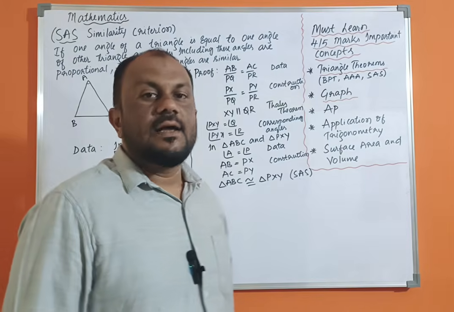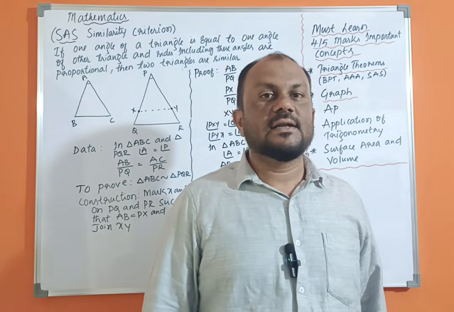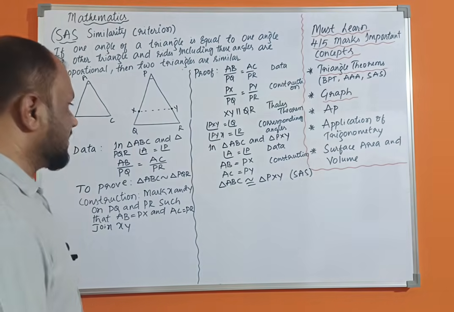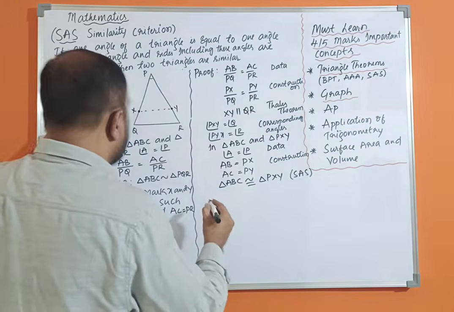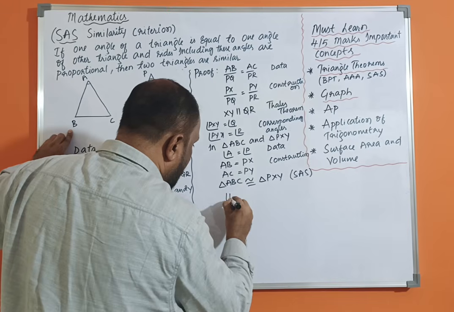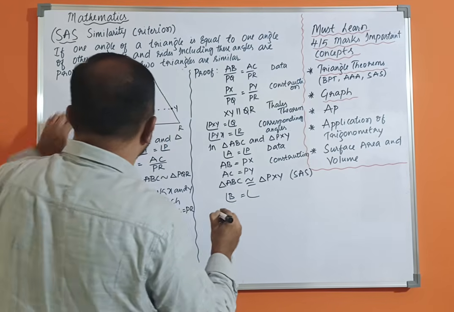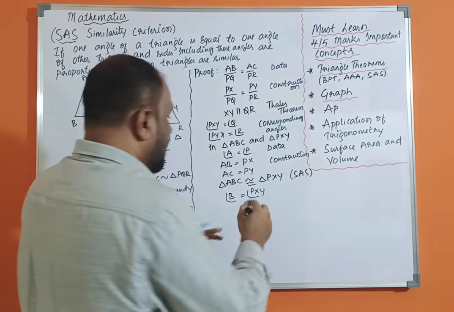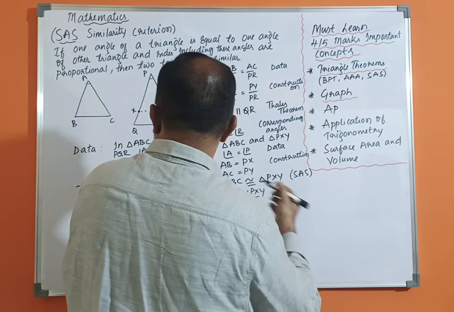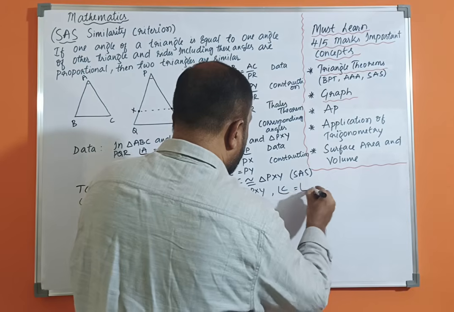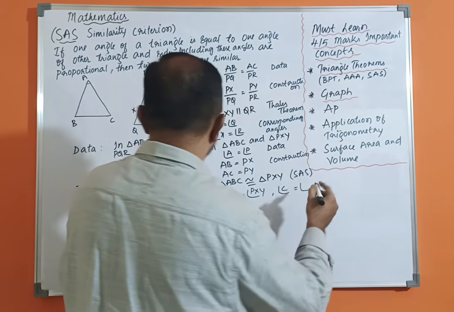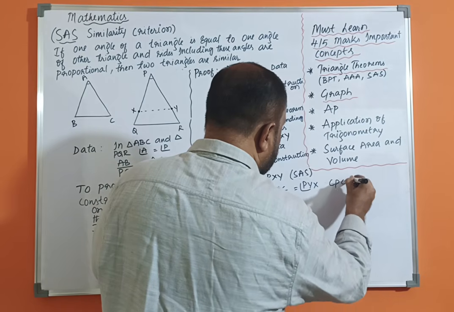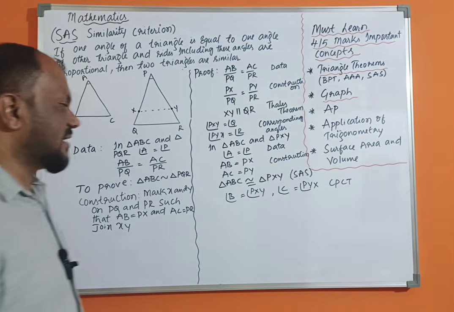So we all know that if two triangles are congruent, then their corresponding parts are equal. So we take the angles. Angle B is equal to angle PXY. Okay, then angle C is equal to angle PYX. Reason: CPCT, corresponding parts of congruent triangles.